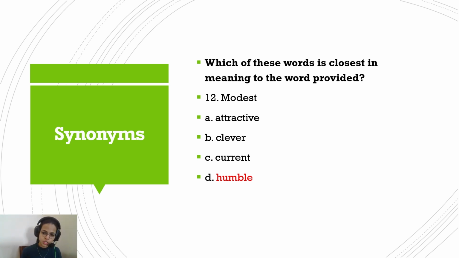It's attacking the dignity of a woman, something like that. So, modest behavior is humble. If you are scoring, say, 98, 99 out of 100, and yet when someone says, "Oh, you're so intelligent," you're like, "No, no, no, I'm just average," you're just being modest. So, you're being humble. So, that's modest.